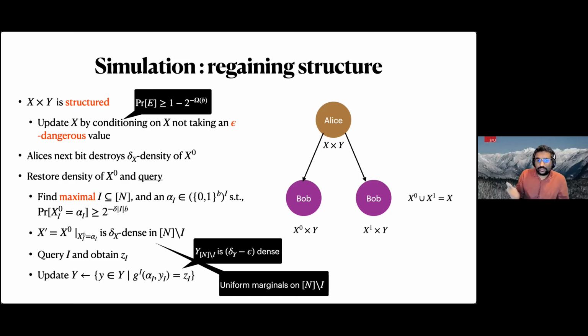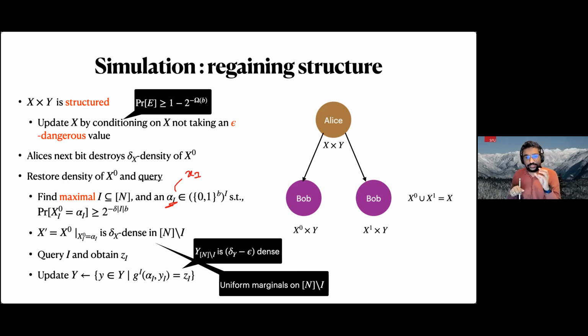So we assume that if the next bit of Alice destroys density of x0, we will then restore the density by the same argument. But because we have removed all dangerous values from x, we know that this alpha I is from some xi, right? So alpha is a value for xi.